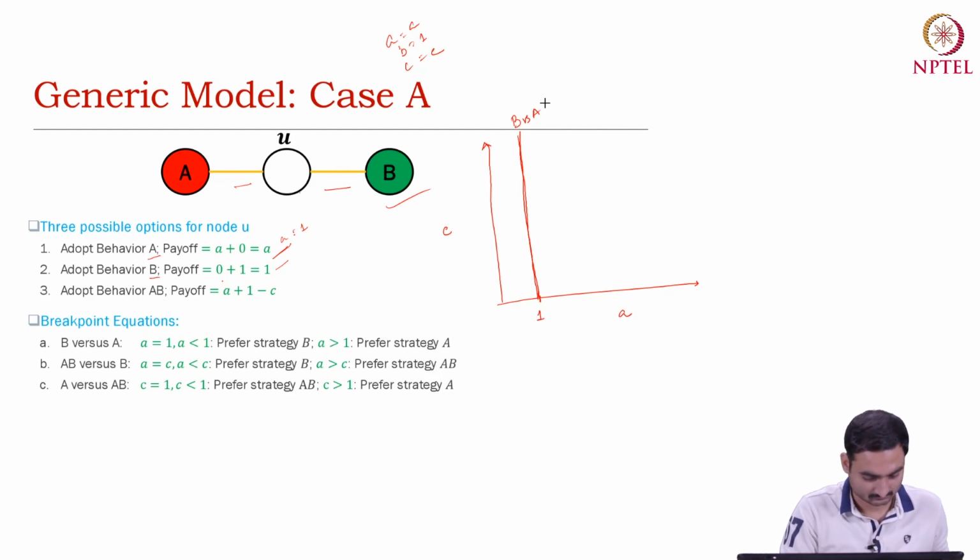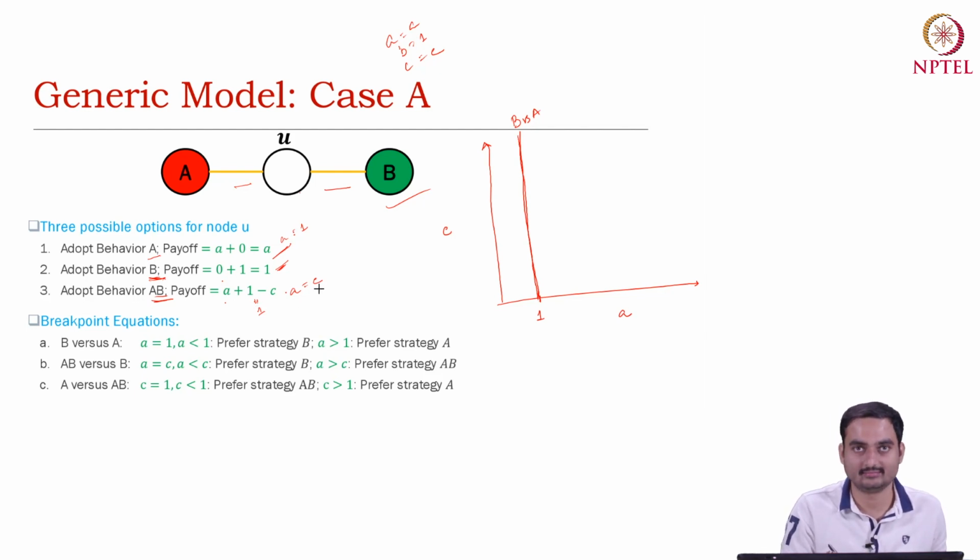Now, when would you be confused between AB and B? For B, the payoff is 1. When A equals C, the payoff would be 1.